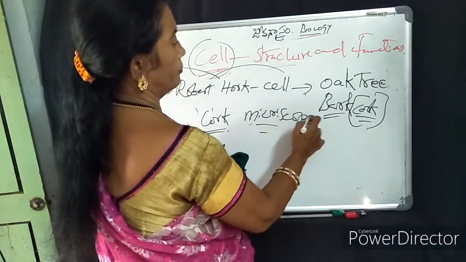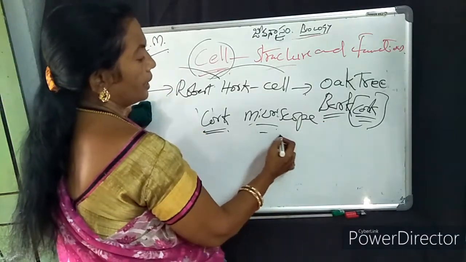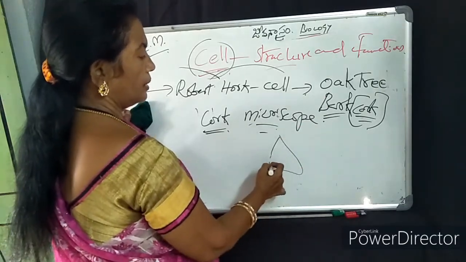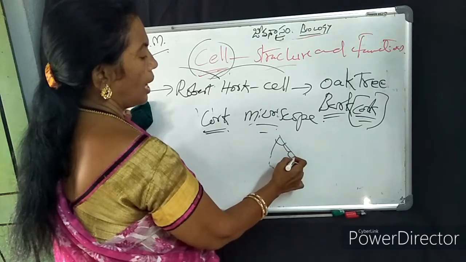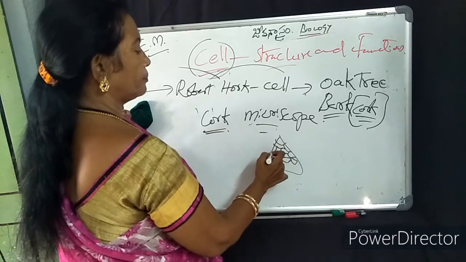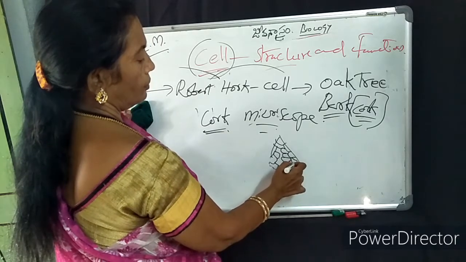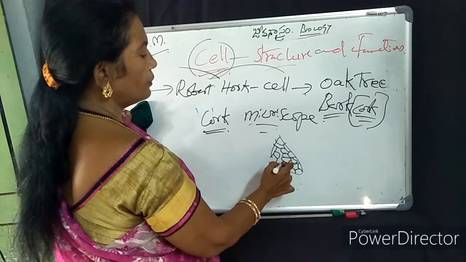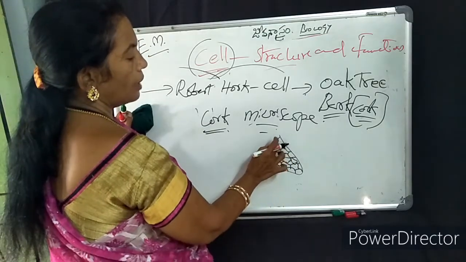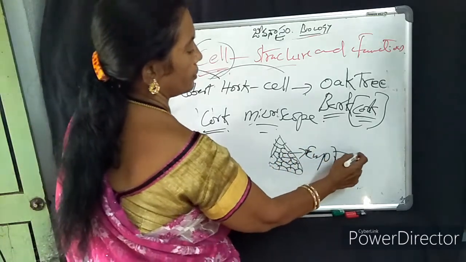So he has taken a very thin layer of this cork and put it in the microscope. He has observed a structure like this, a very thin layer of this oak cork. He has observed these empty room-like structures, empty rooms.